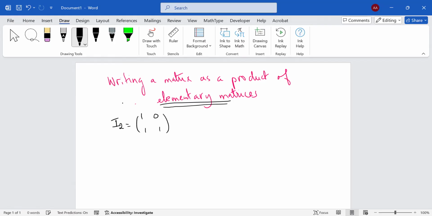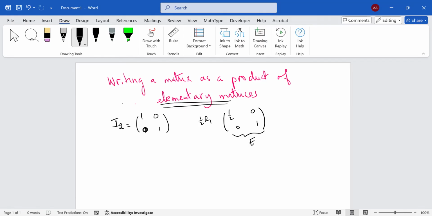If I do 1/2 of R1, I get 1/2 0 0 1, a single row operation. That is an elementary matrix.